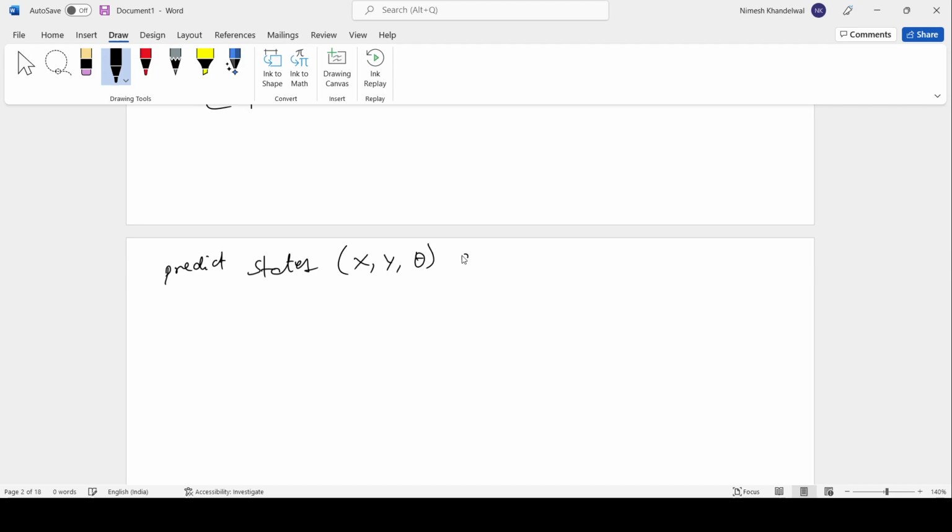You predict states at the new time step given x, y, and theta at the previous time step and your control input at the current time step. Let us assume for once that you knew exactly where you started from.